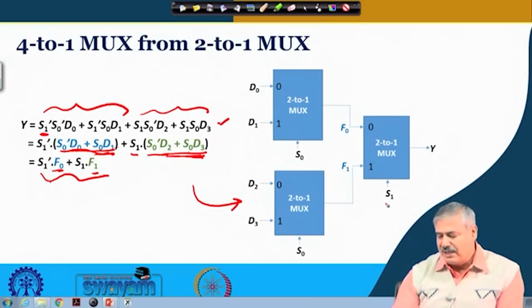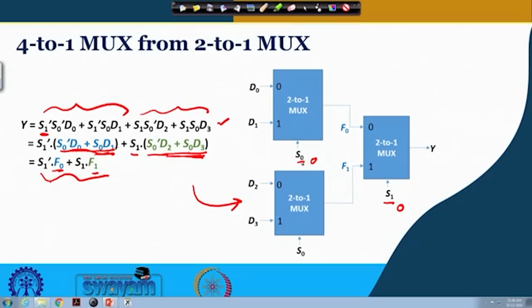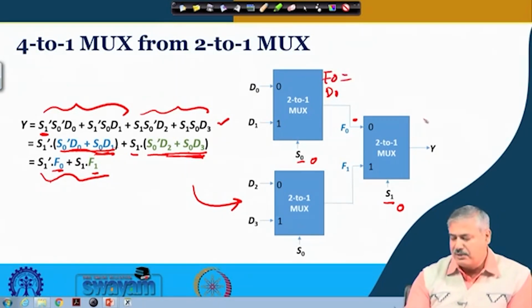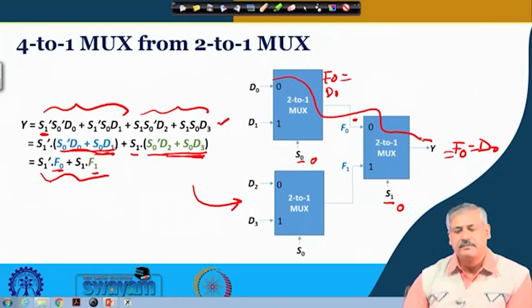So when S1 is 0 and S0 is 0, what is happening? S1 equal to 0 means F0 is selected at the output, and when S0 is 0, D0 is selected as F0. So F0 is equal to D0, and Y is equal to F0, which is nothing but D0. So this line will be going there.